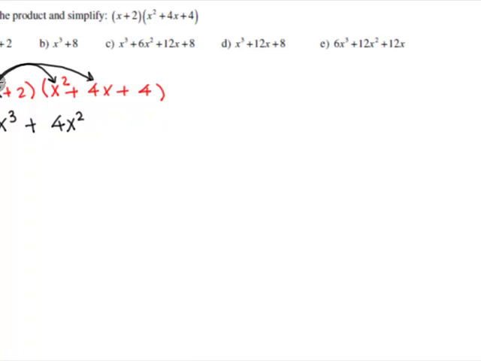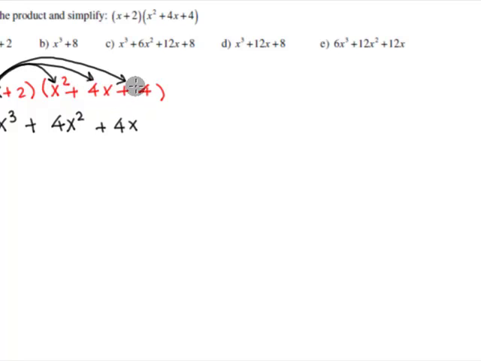Now we multiply x times positive 4, which gives us positive 4x. So we distribute the first term of the binomial to every term of the trinomial.